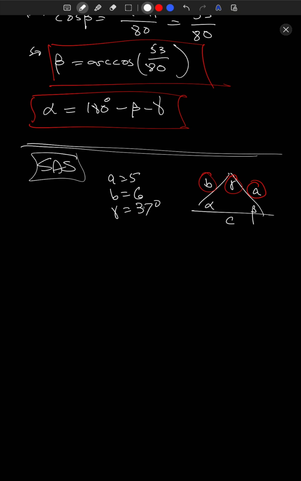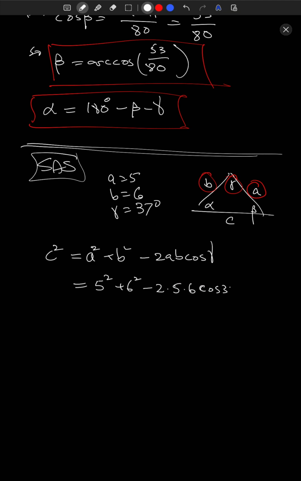Okay, again, we know gamma, A and B, so if I write down the law of cosines, it's going to be very straightforward because C squared is equal to 5 squared plus 6 squared minus 2 times 5 times 6 times cosine of 37 degrees, which is, now we just calculate, right? 25 plus 36 minus 60 cosine of 37 degrees, which is going to be 61 minus 60 cosine of 37 degrees.